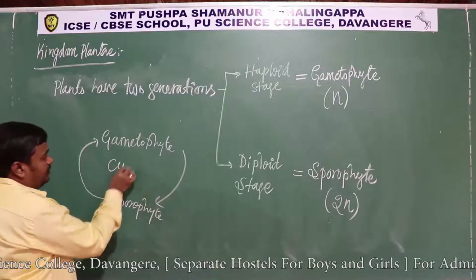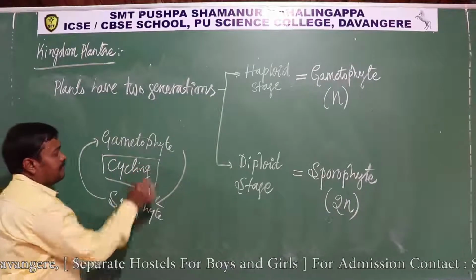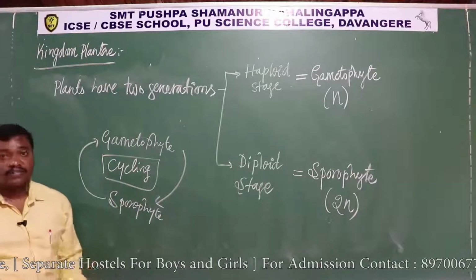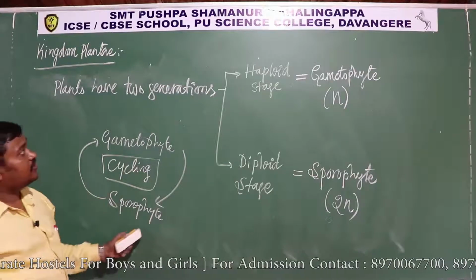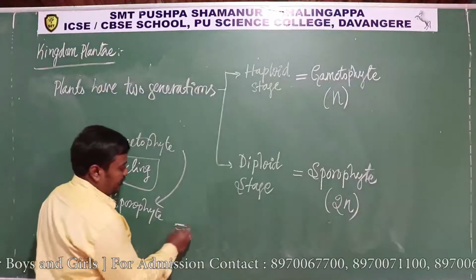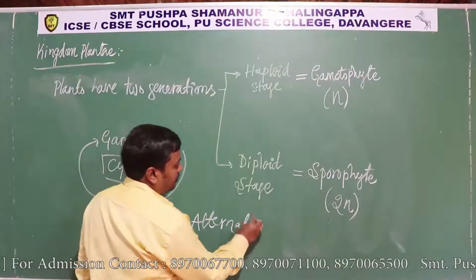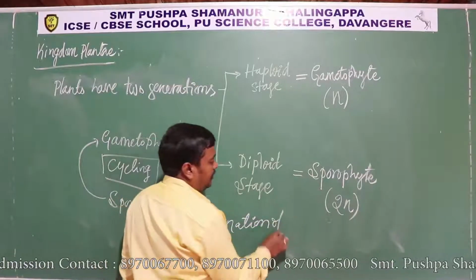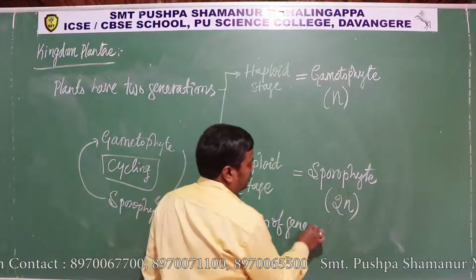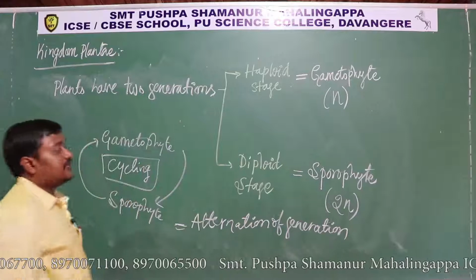There will be a cycle. Okay, so cycling between gametophyte to sporophyte and sporophyte to gametophyte, or cycling between one generation to another generation, is called alternation of generation. Okay, what is alternation of generation?